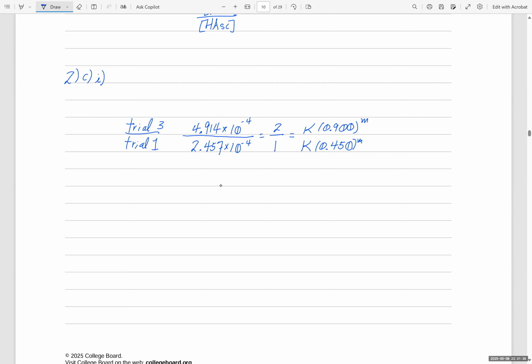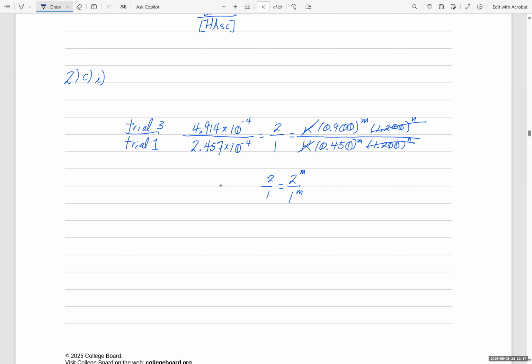Remember, the rate is equal to k times the concentration of our first guy raised to its order, and then times the concentration of the second guy, which in trials 3 and 1 are both 1.200. Because of that, even though we don't know what the n is, it wouldn't matter because those two cancel out. And remember 0.9 over 0.45 is also 2 over 1. So now we got 2 over 1 is equal to 2 raised to the m over 1 raised to the m, right?